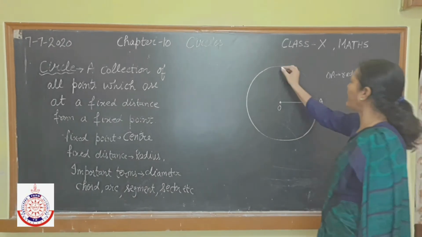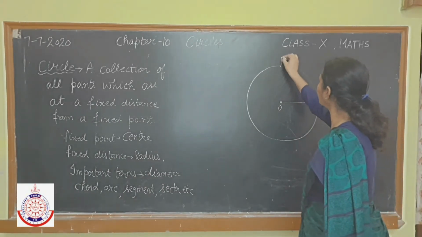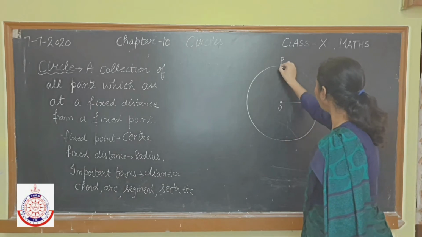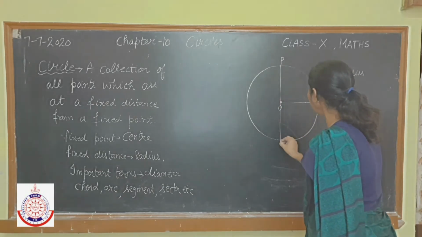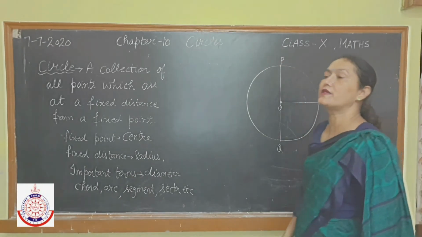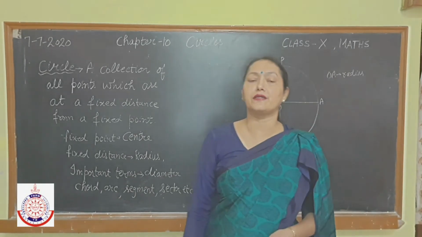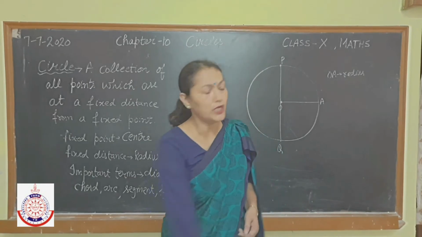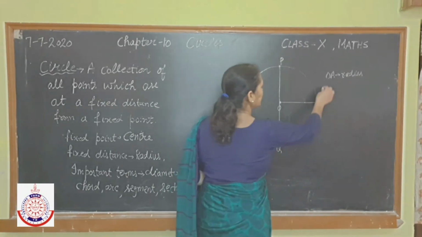If we take 2 points on the circle, let us take P and Q, and join these points, and the line joining these points passes through the center, it is called diameter. So here PQ is diameter.